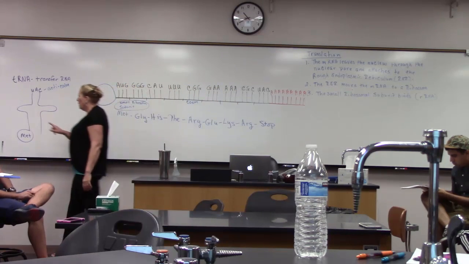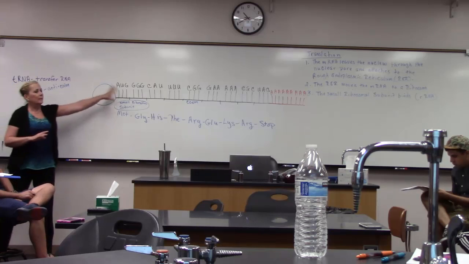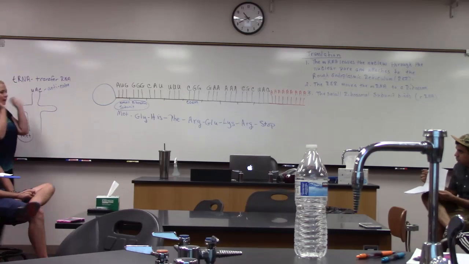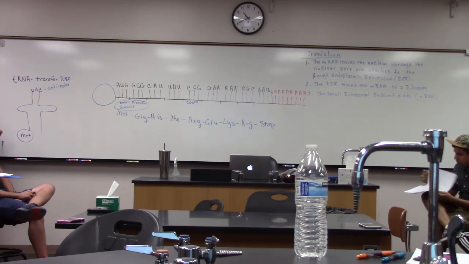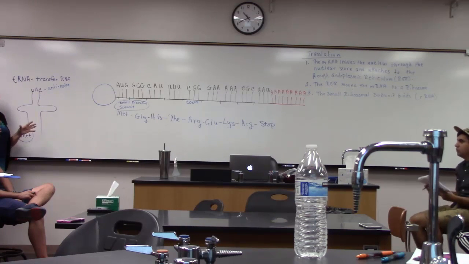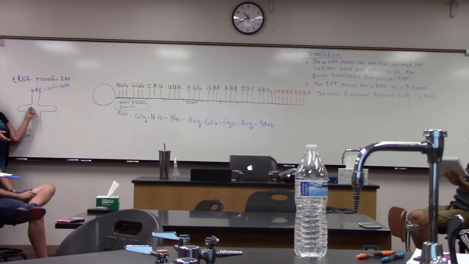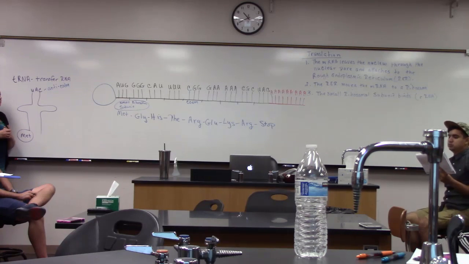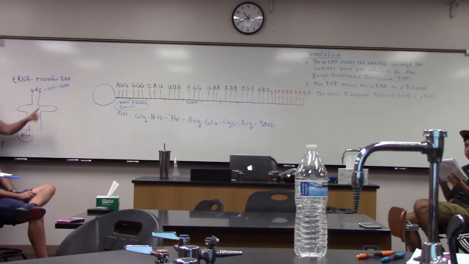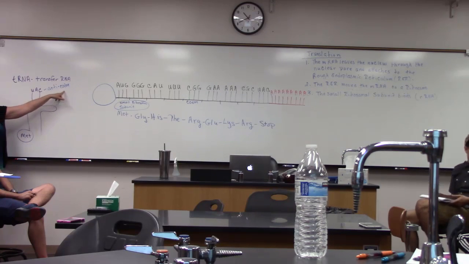Okay, so forget the messenger RNA, forget all that. It doesn't have anything to do with anything I'm saying right here. So you have multiple different types of transfer RNA. You have 20 different types of amino acids. You have 20 different types of transfer RNAs. The type is different with the anticodon.